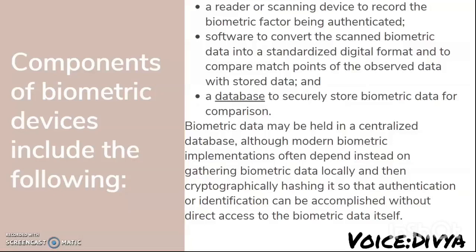Biometric data may be held in a centralized database, although modern biometric implementations often depend instead on gathering biometric data locally and then cryptographically hashing it so that authentication or identification can be accomplished without direct access to the biometric data itself.